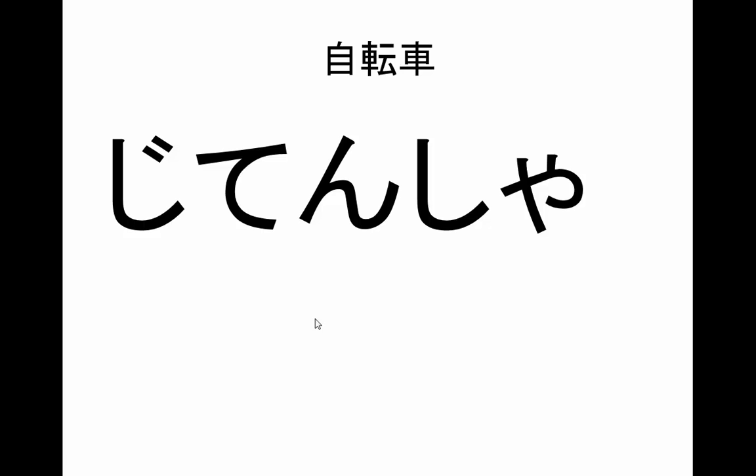Jitensha. Bicycle, yes. And again, kind of a fun kanji combination. This one means personal or self. This is something that turns, like turns over. And this is a wheel or vehicle.